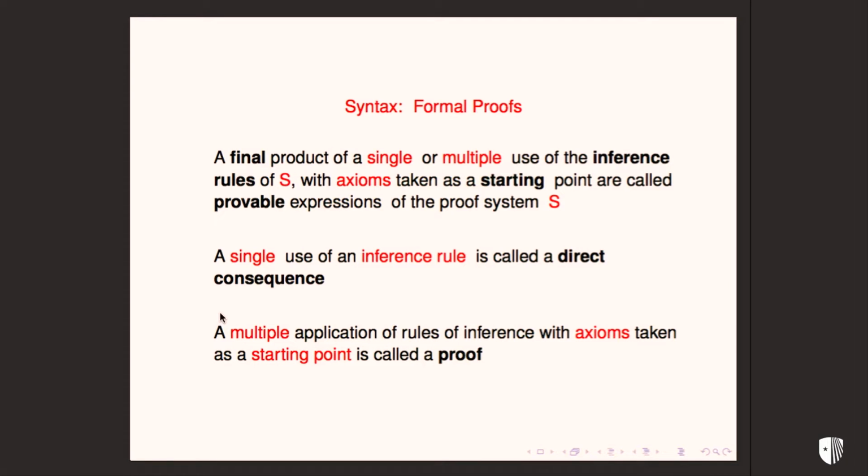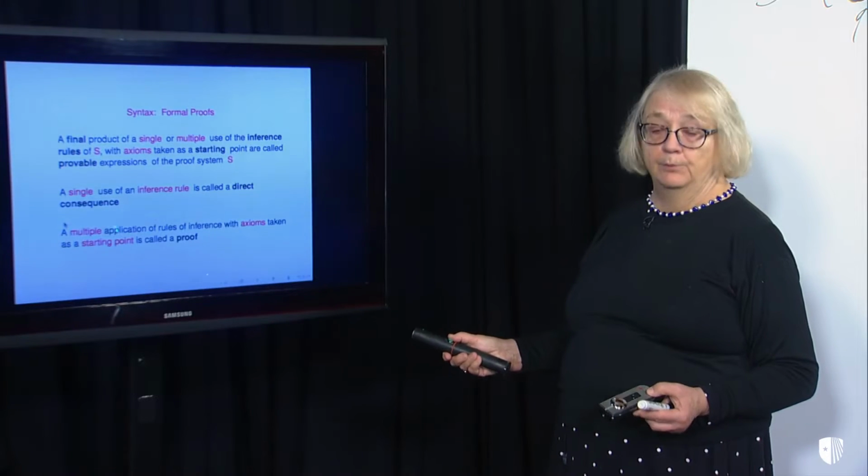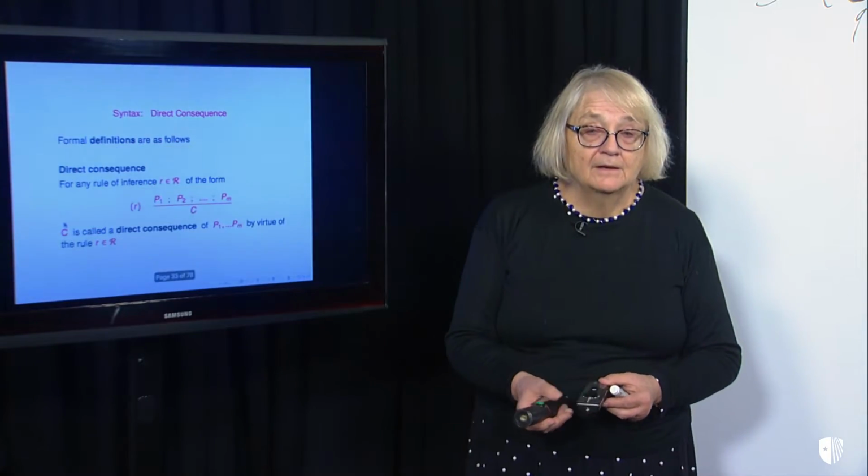We call the single use of an inference rule a direct consequence. New word: a single use of an inference rule is called a direct consequence. And multiple application of rules of inference with axioms taken as the starting point is called a proof. What does it mean, multiple application?